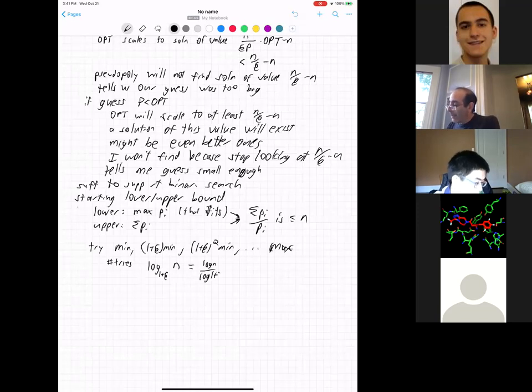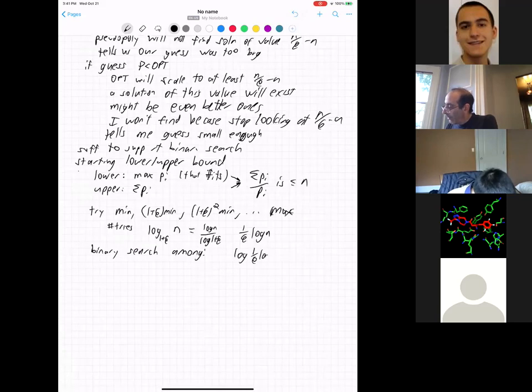In fact, if you just want to get a little crazy, instead of trying all of them, you can binary search among them. And that means you only need log of 1 over epsilon log n trials, right? So log n plus the log of 1 over epsilon.